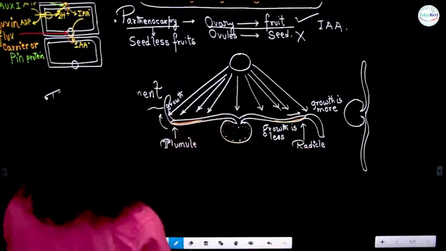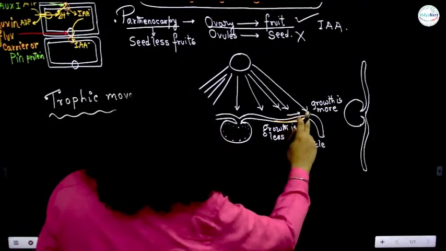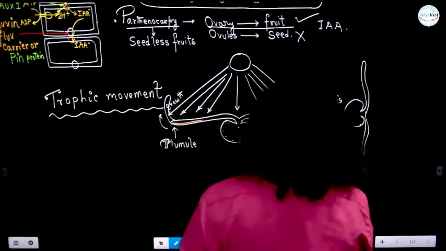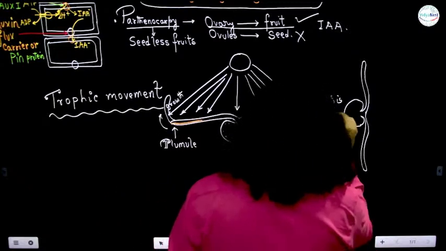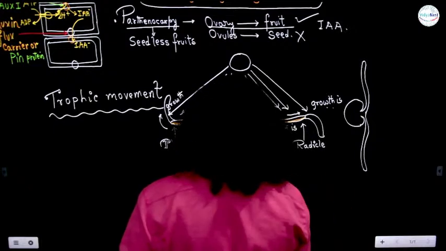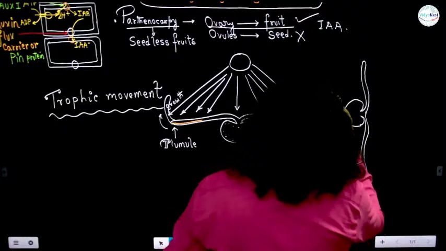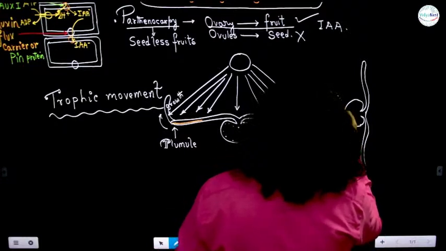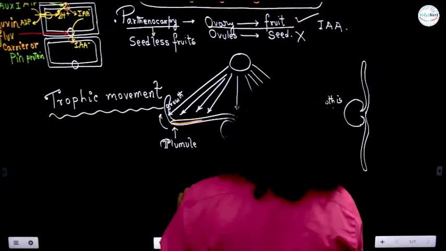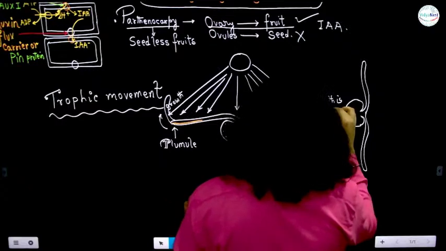In this region the growth will be more, because auxin is present over here, and at this region the growth is going to be less.